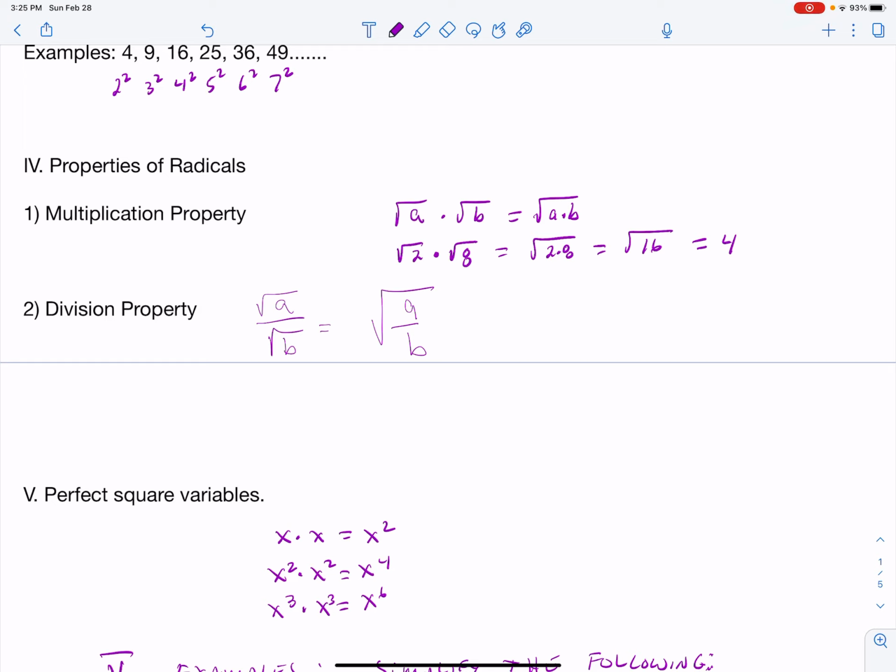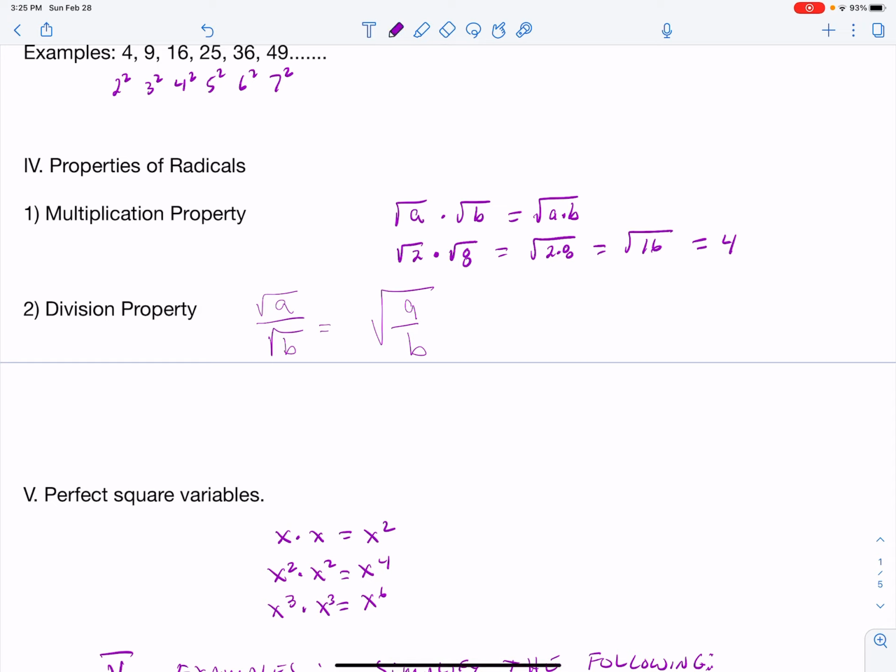And we have the division property, basically meaning we can either split the numerator and the denominator up, or we can put the whole fraction underneath one radical symbol. And you're going to use it both ways, so we need to know this both ways. The square root of A divided by the square root of B is the same thing as the square root of A divided by B. Let's do it the other way first.